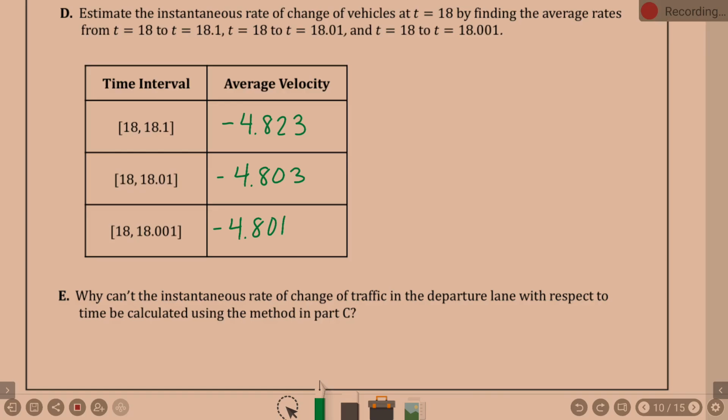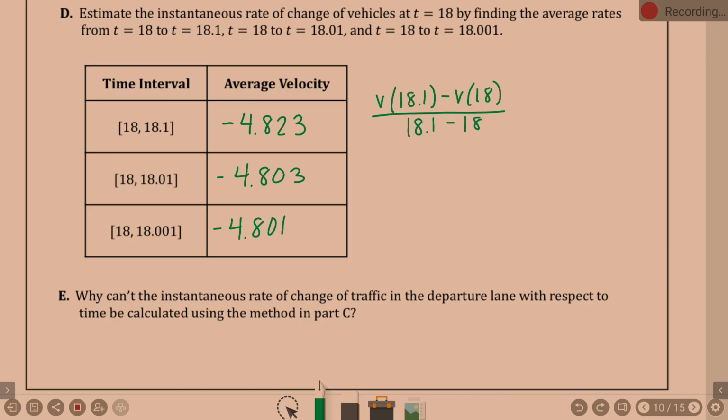That would just be from doing V of 18.1 minus V of 18 over 18.1 minus 18, repeating the process. Overall, what would you be able to say about it? At 18 minutes, it looks like it's approaching the value of negative 4.8, right?